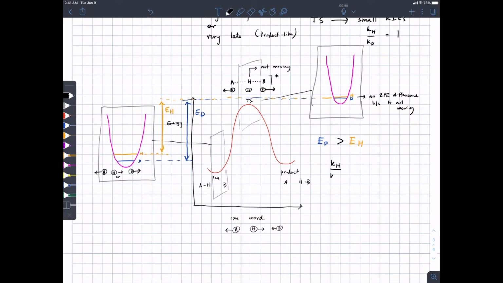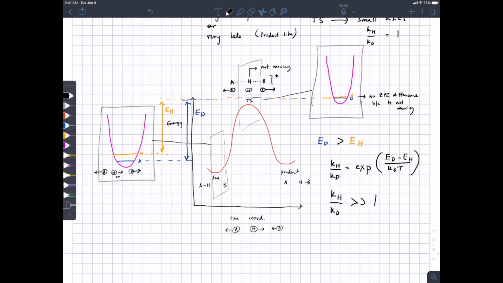And because our rate constant ratio depends on the difference between deuterium and hydrogen activation energies, if this number is positive and large, then we expect this ratio to be greater than 1. Okay?